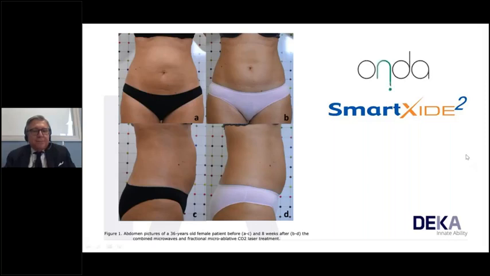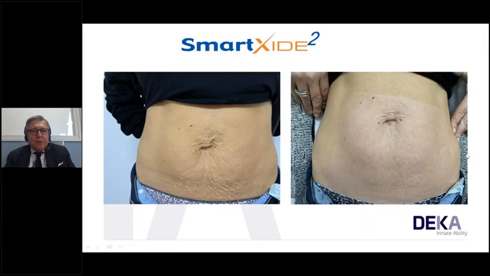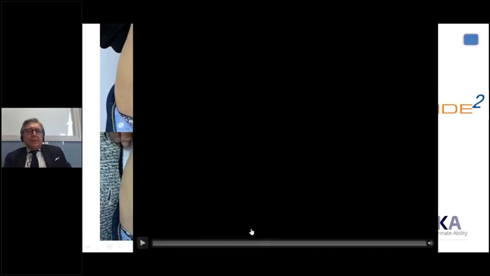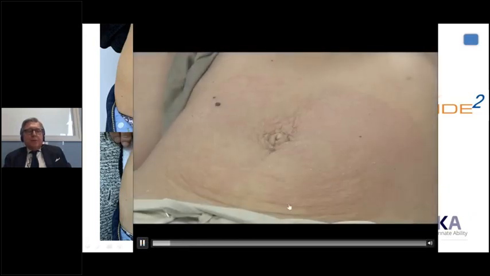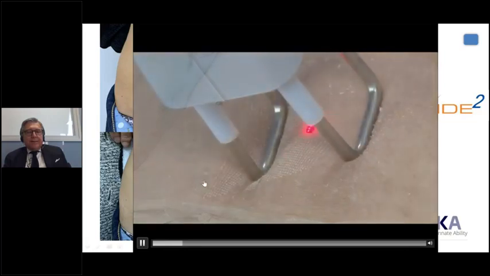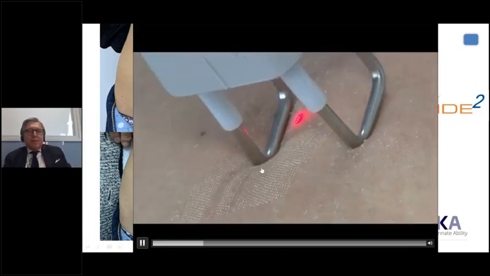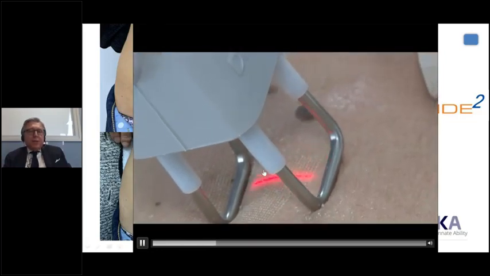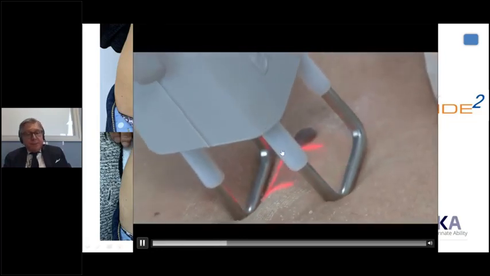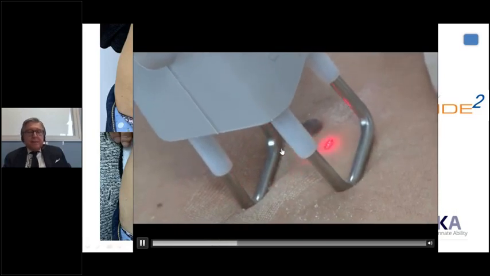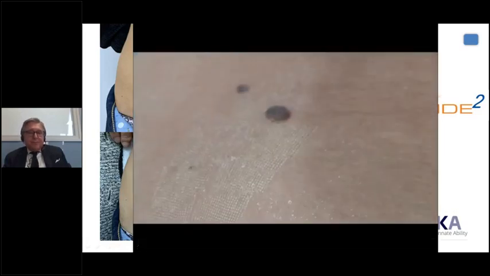And here we have the results of this combination, before and after, Onda plus SmartXide. Here we have another video where we show you how to deliver the energy on the fat. Before with Onda, and then after 1 month, more or less, we perform the treatment with the SmartXide 2, in this case emitting laser and simultaneously radio frequency.